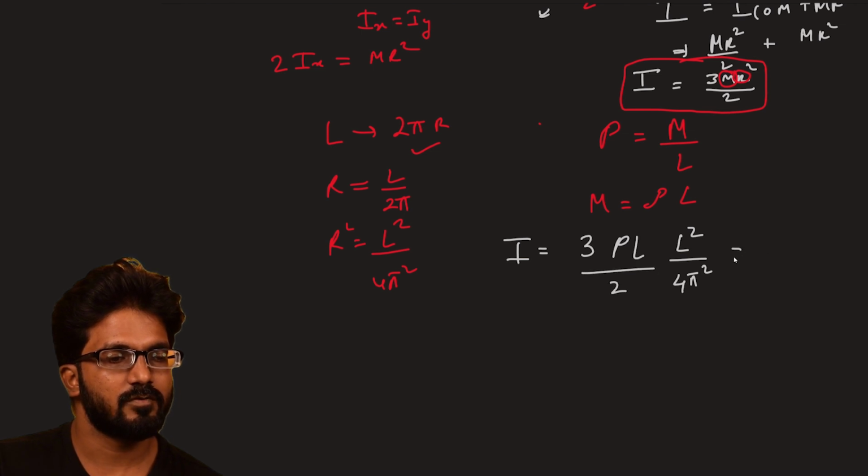When you multiply this, it becomes 3 rho L cube by 8 pi square.